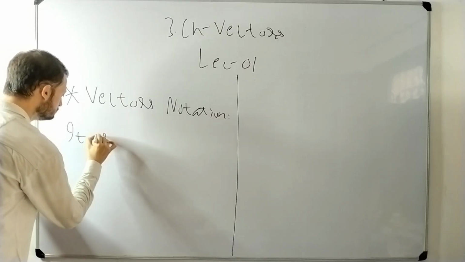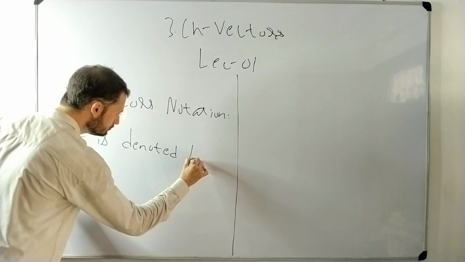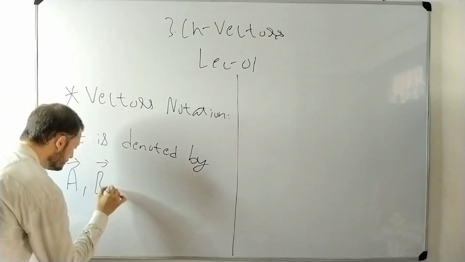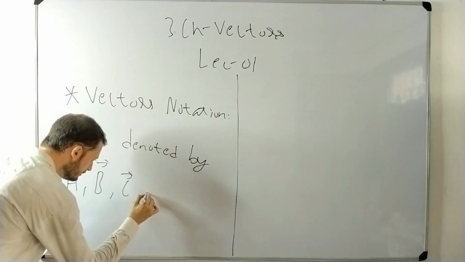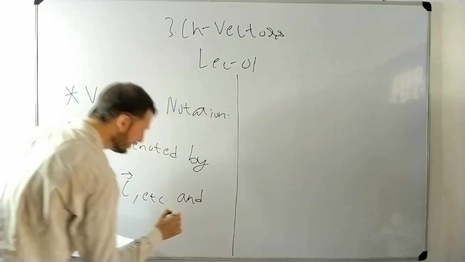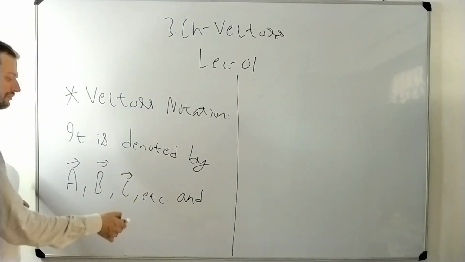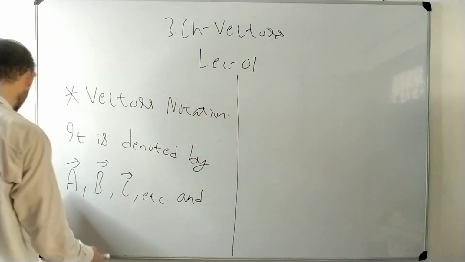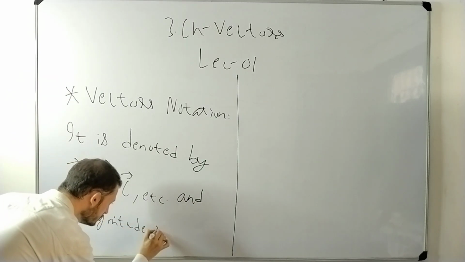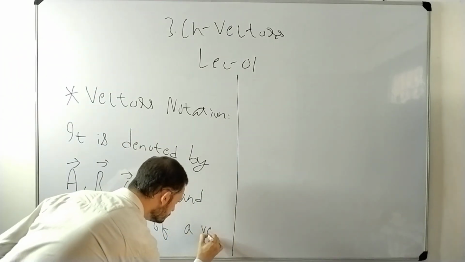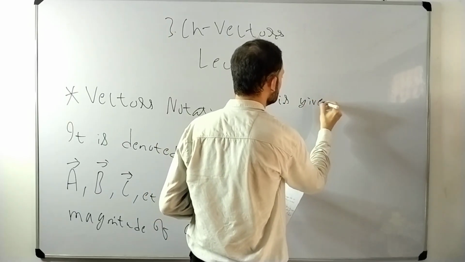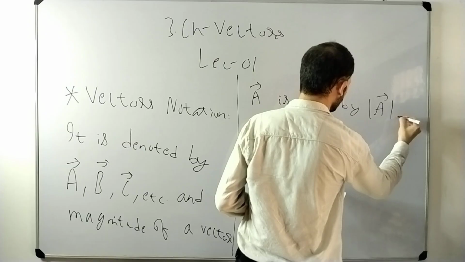It is denoted by A, B, C, etc. It is not that you cannot take any other letter; you can use anything you like, small a, small b. And the magnitude of a vector A is given by modulus of A. Right, students?